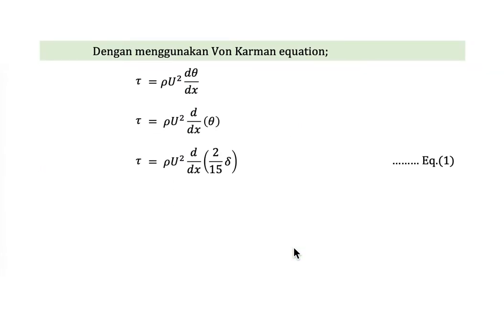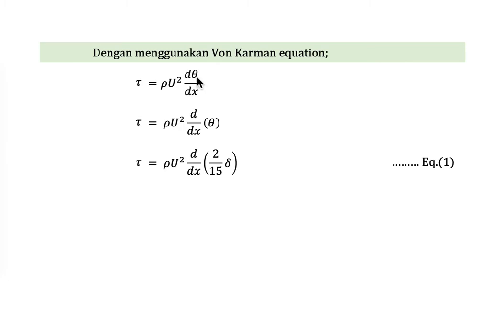So you substitute theta with 2 over 15 delta. Sometimes you might have difficulty with this, so it is better to separate the d dx, put a bracket, and then put in the value of theta, which is 2 over 15 delta. We assume that this equation is equation number 1.